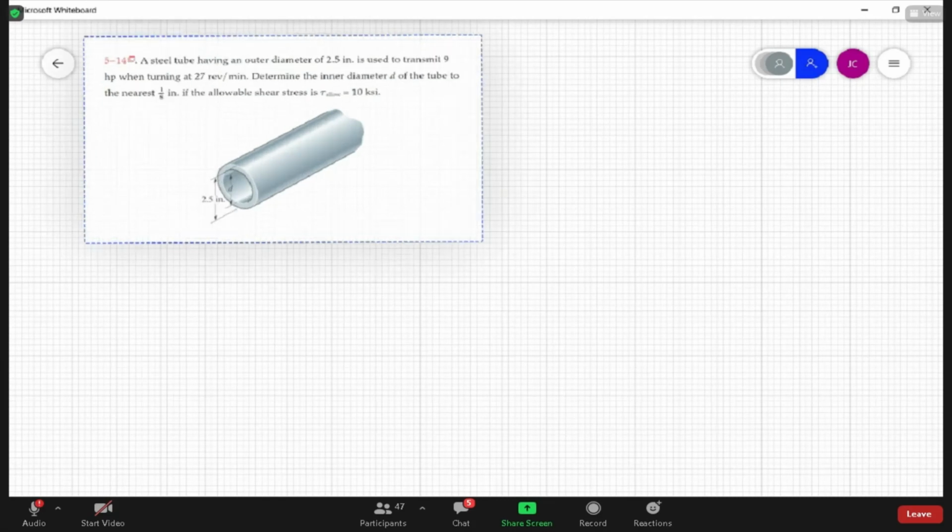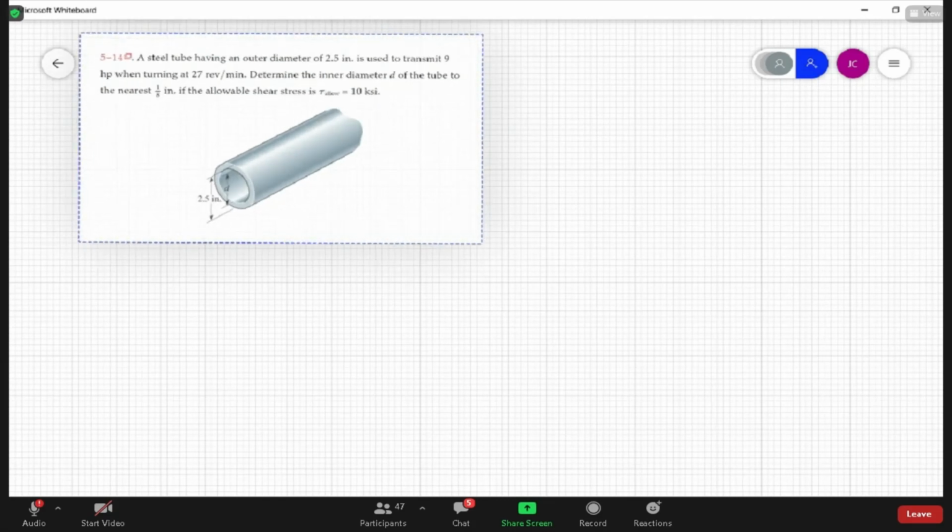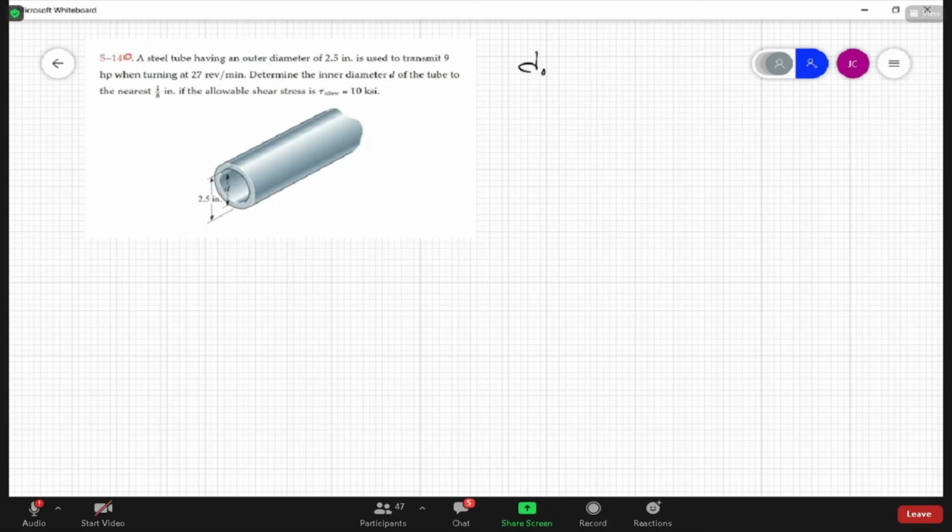All right, so we have a steel tube. They give us the outer diameter. The outer diameter is 2.5 inches. We know that it transmits 9 horsepower at 27 RPM. Again, I won't ask you this, but obviously we can use this to get the actual torque.